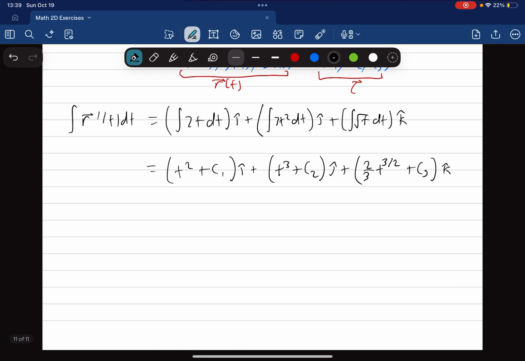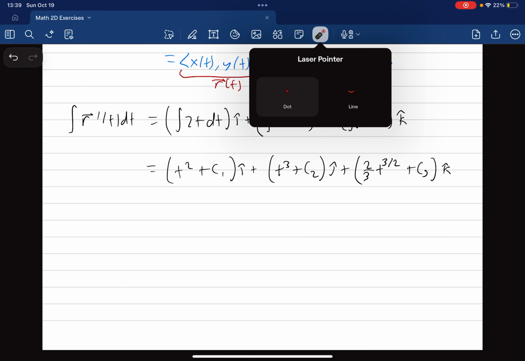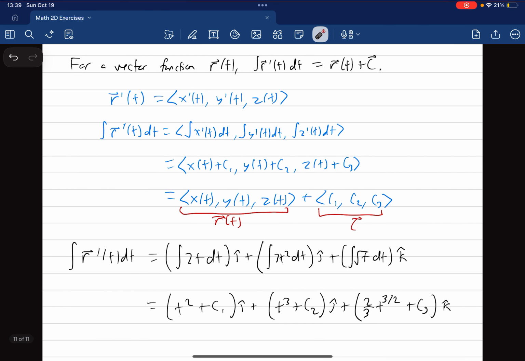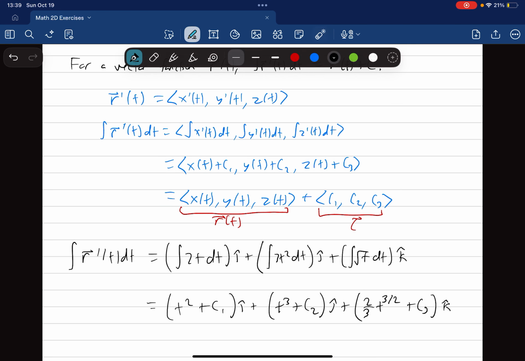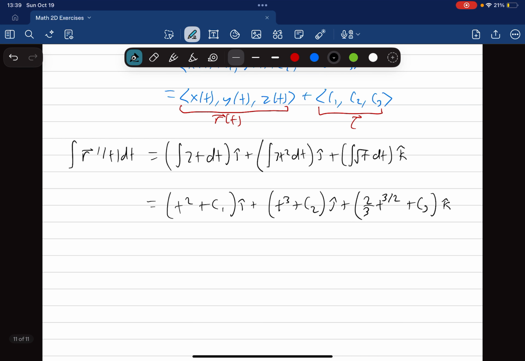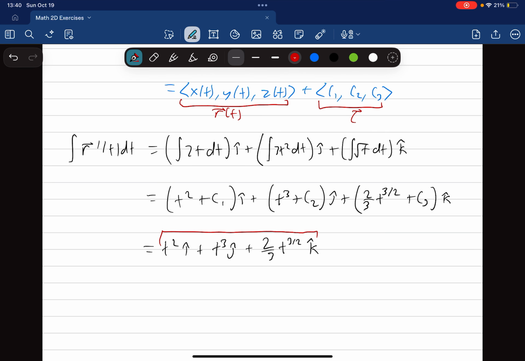If we want to write it in a slightly more convenient way, namely in this form right here, we can just collect all of the functions into one vector and all of the constants into another vector. So this will be t squared i hat plus t cubed j hat plus 2/3 t to the 3/2 k hat.